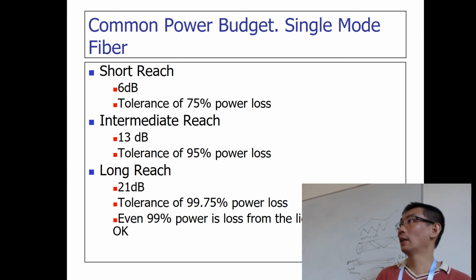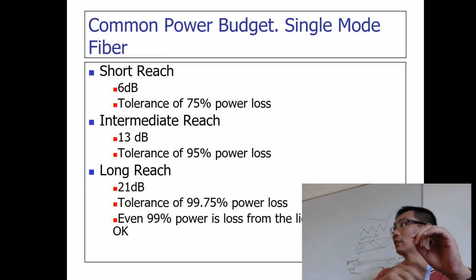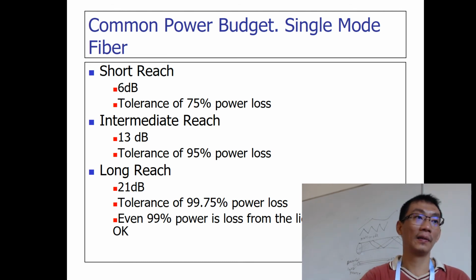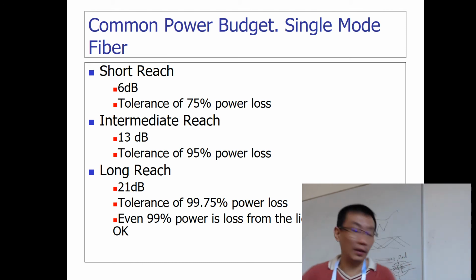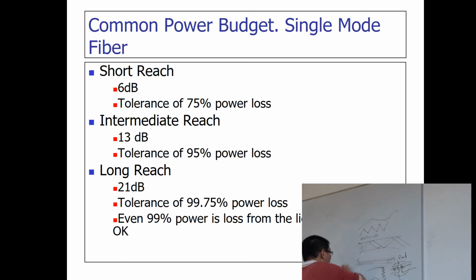Normally for the fiber you need to put in some extra budget. Let's say you have one site here and another site here. You don't lay the fiber in a straight line like this.